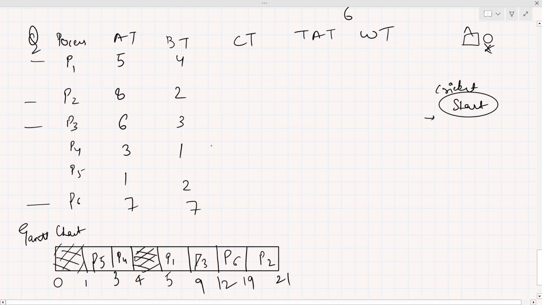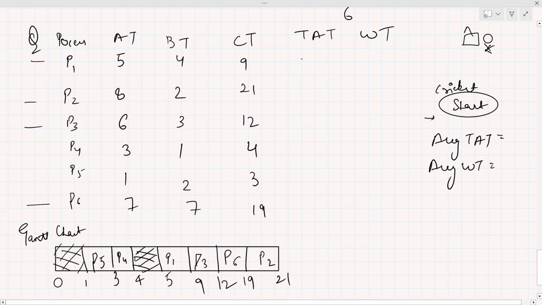Now we have to find the average turnaround time and the average waiting time. The completion times are: P1 is 9, P2 is 21, P3 is 12, P4 is 4, P5 is 3 and P6 is 19.